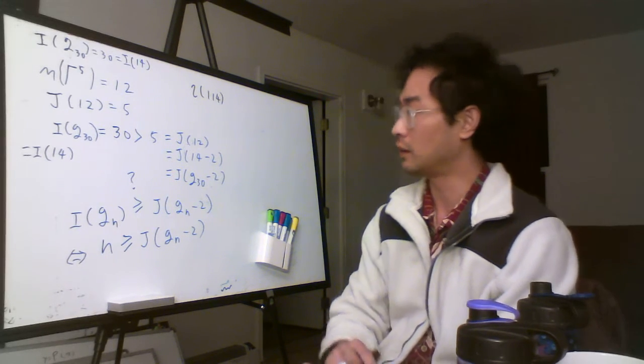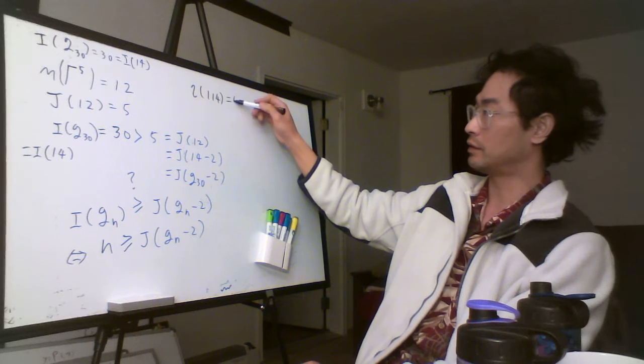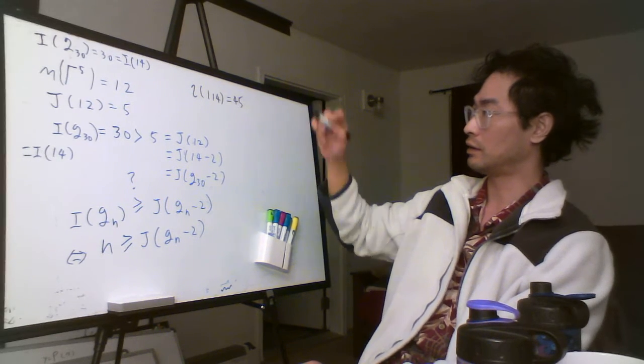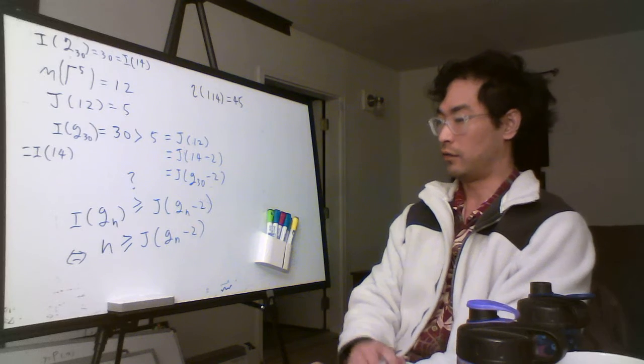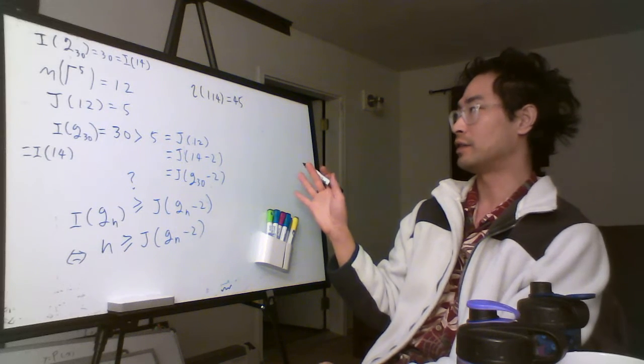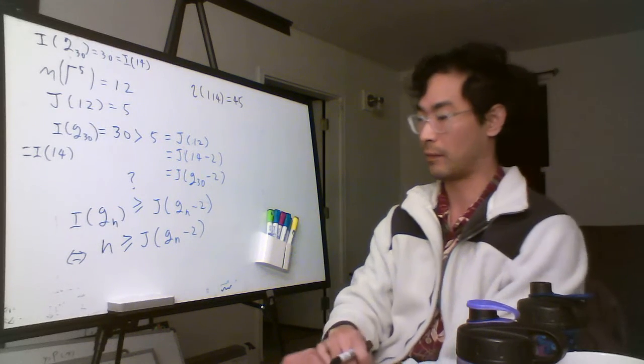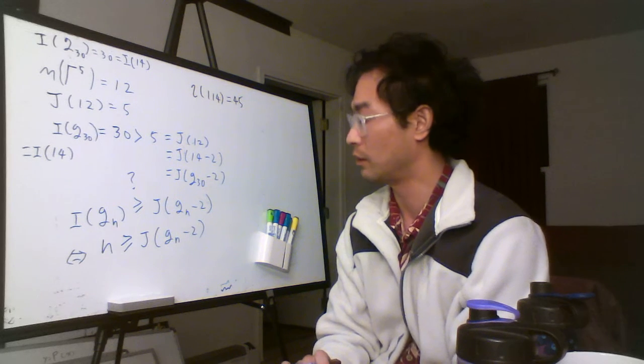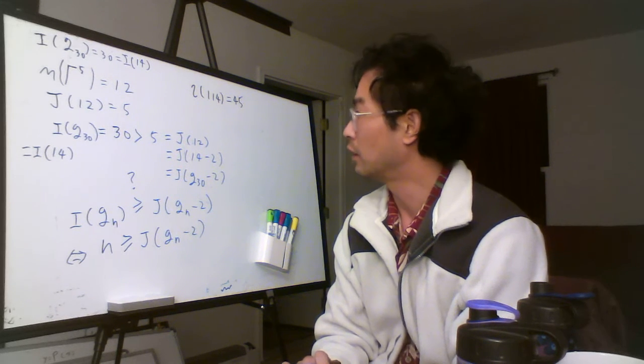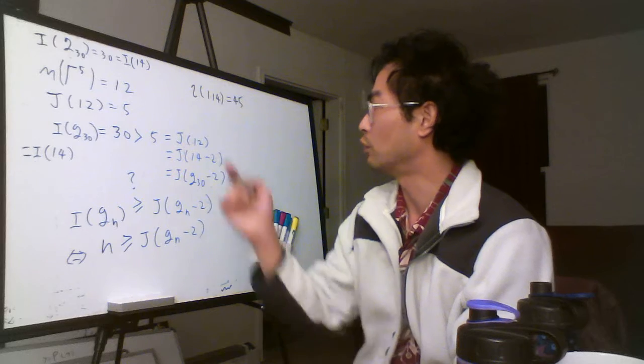It turns out to be 45. A 45 by 45 square matrix, the gap filler matrix, gives us complete coverage of the continuous even numbers from 2 all the way to 114.